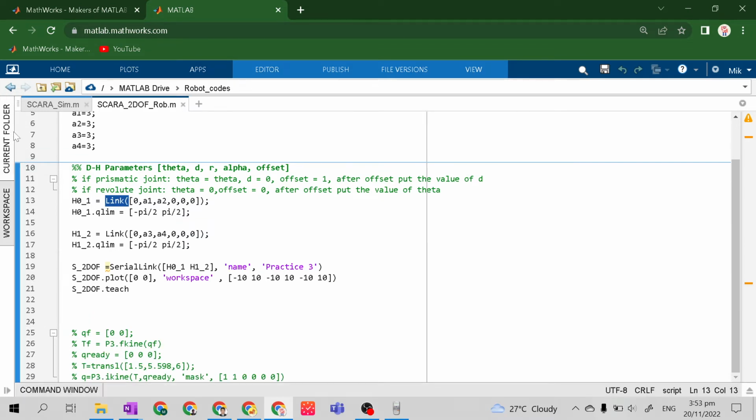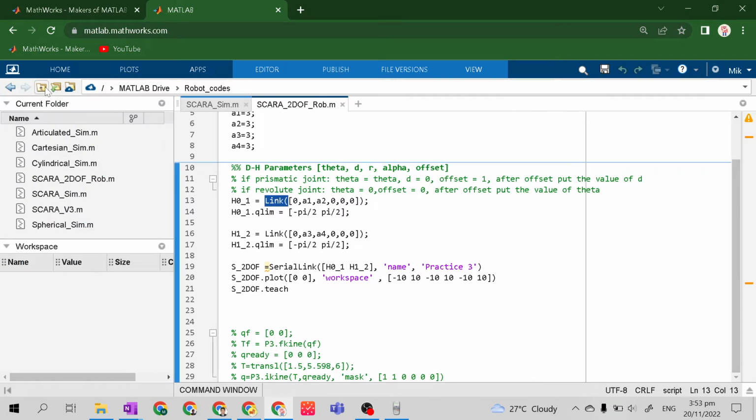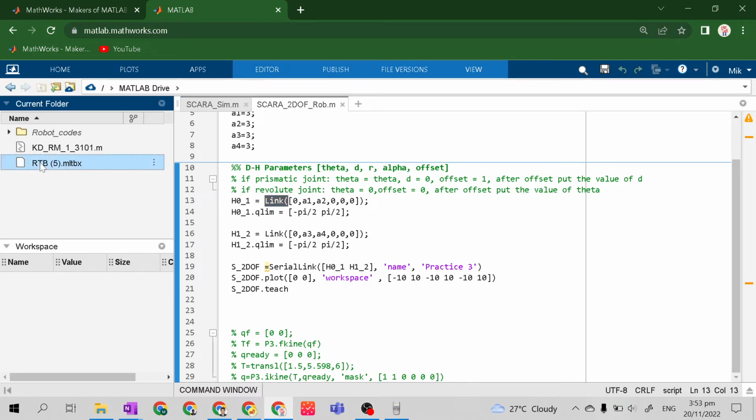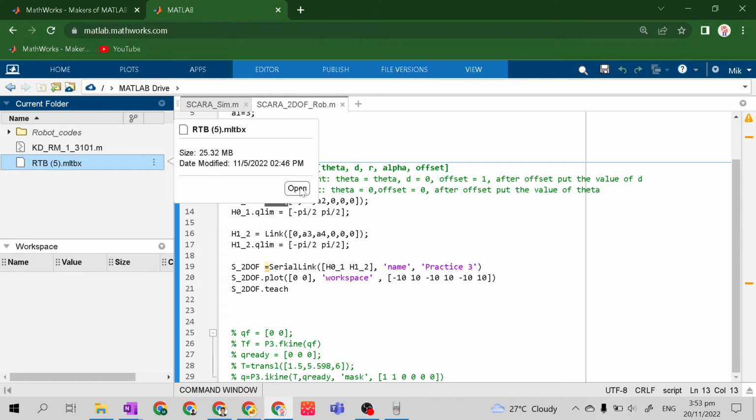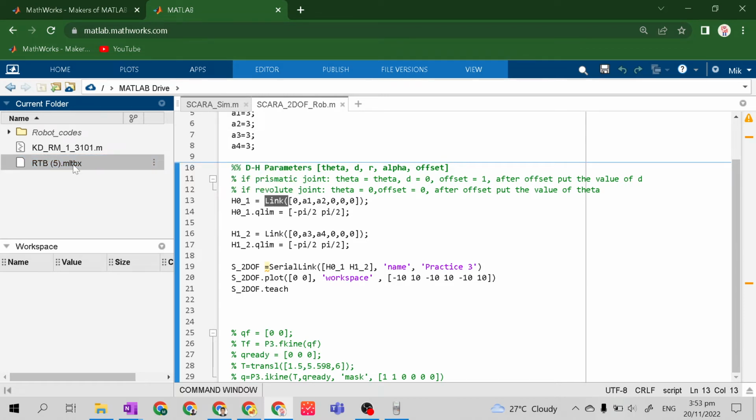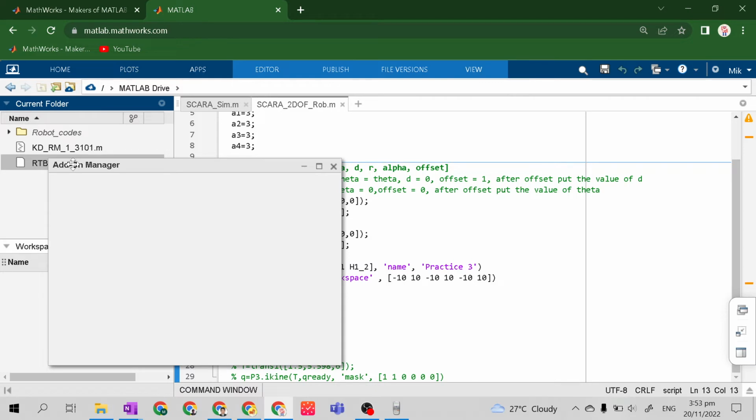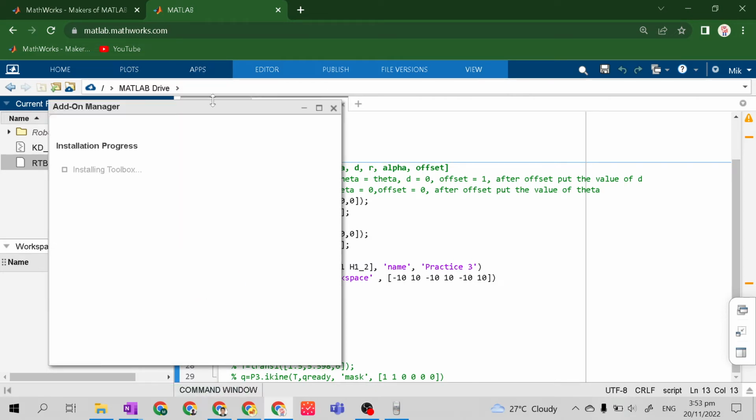Okay. So to run this, you need to find the folder, sorry, the application RTB where our robotics toolbox application is located. So what we will do is we will open this rtb.mltbx. Then we will run this. Okay. So it's installing.